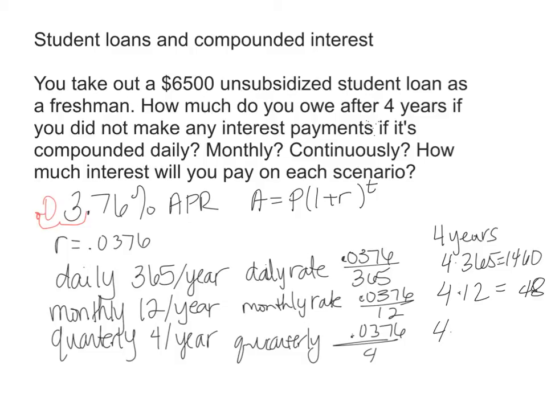And quarterly would be 4 times 4, which would be just 16 times. So these are things that have to go in for R, the daily rate, the monthly rate, the quarterly rate, and the years has to be converted into the number of times compounded if you're not just looking yearly, and so this is what T ends up being.